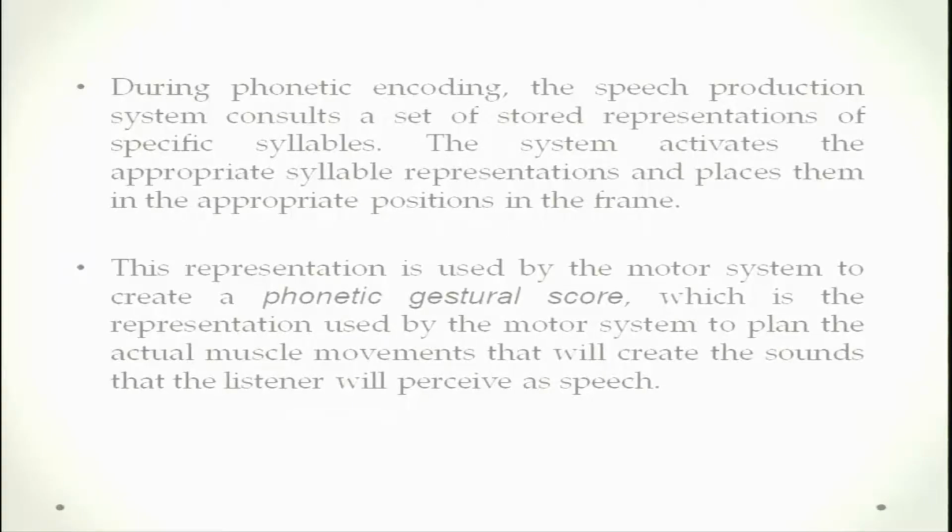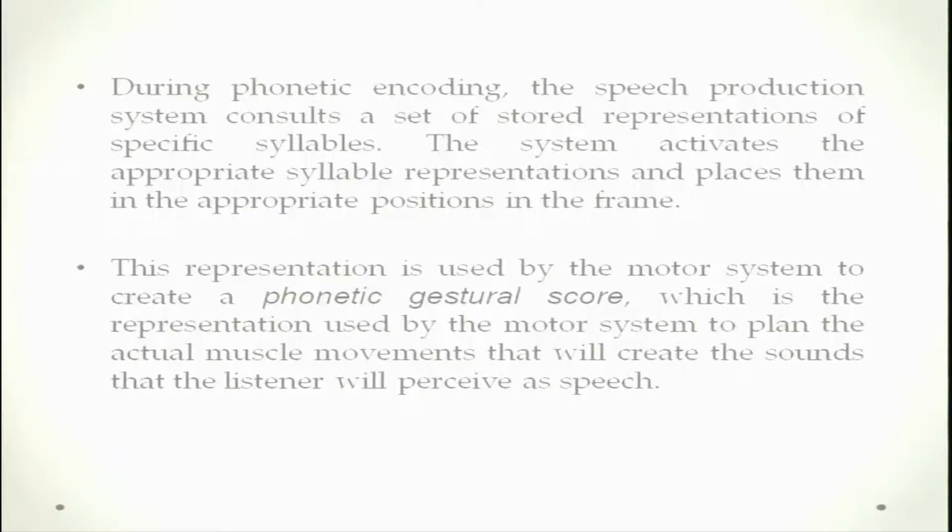The system activates appropriate syllable representations and places them into proper positions in the frame. This is how it has to be said. For example, in banana, the second syllable has to be stressed, while the first and third do not. This representation is later used by the motor system, and the motor system creates what is called a phonetic gestural score, which is the representation the motor system is going to use to plan the actual muscle movements.